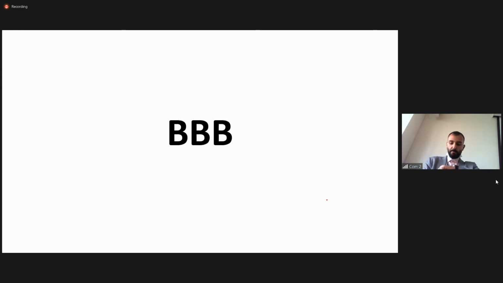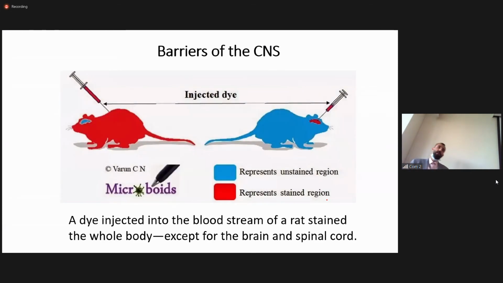So let's talk about the blood-brain barrier. The blood-brain barrier is just a concept. There is no actual wall which isolates the nervous system from the rest of the body. The early evidence for its existence came from experiments that were done about 100 years ago by a scientist called Goldmann.